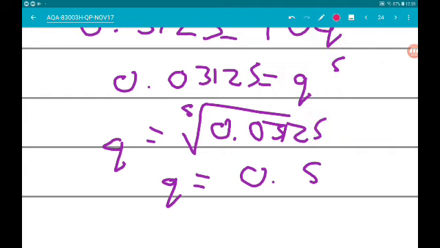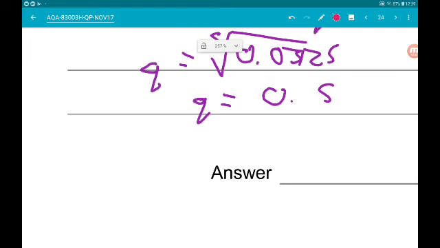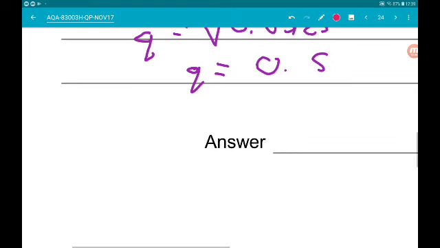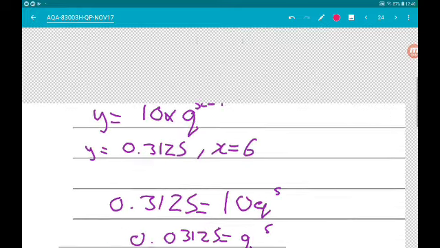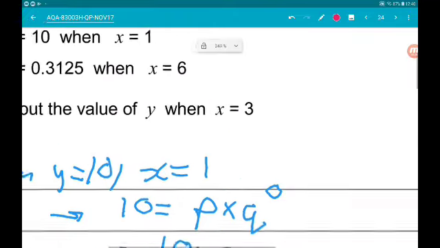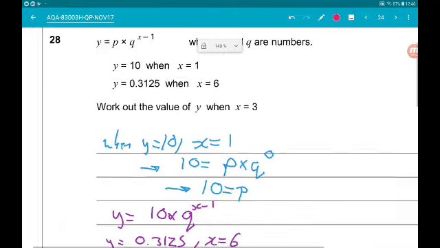So, now we can say y is equal to 10 times 0.5 to the x minus 1. Now we want to work out the value of y when x is 3.